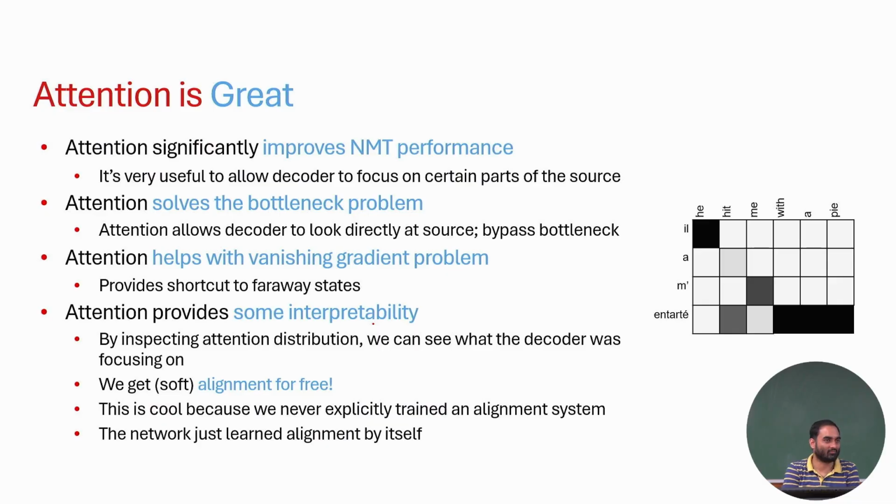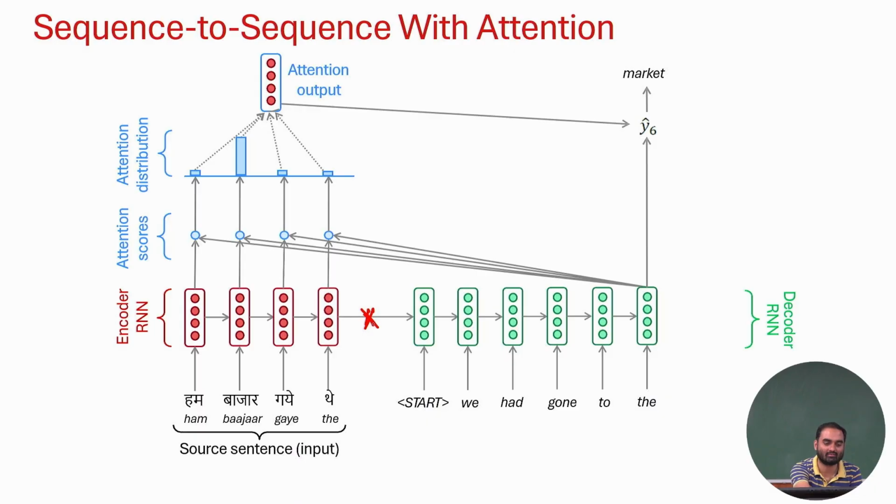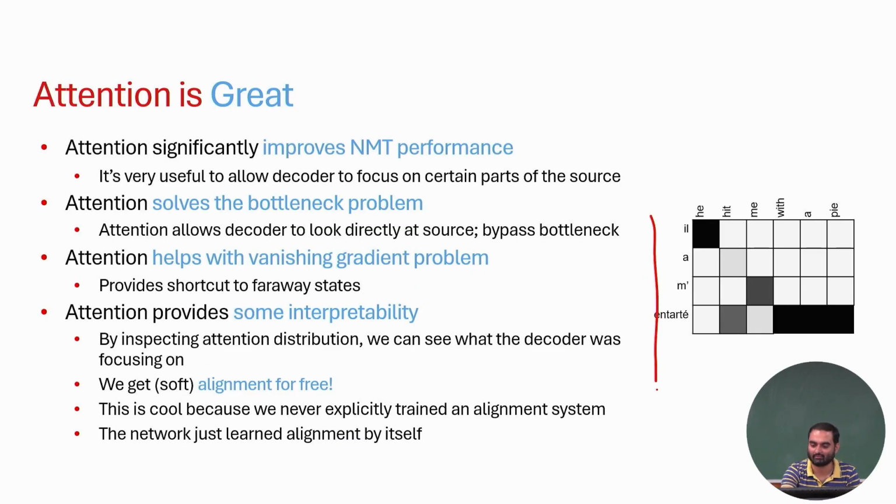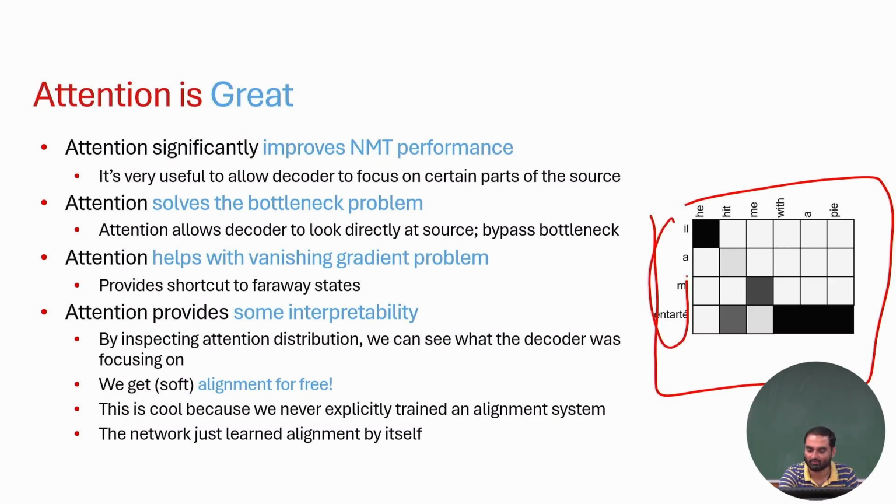Okay, so attention is great. Why is attention great? Because with attention, we now have access to much more information. For example, using this attention distribution, you can think of the entire attention distribution for all the tokens as a matrix like this. Let's say this is your input, and this is the first output token, and these are the corresponding attention distribution.